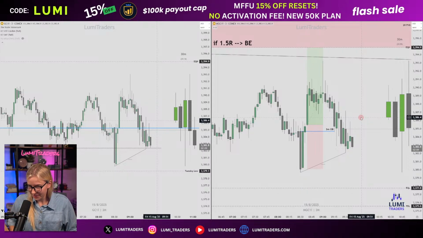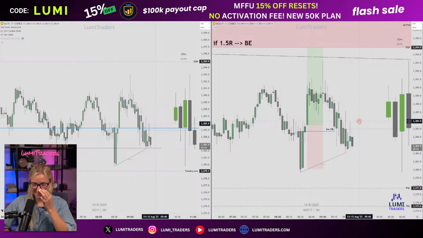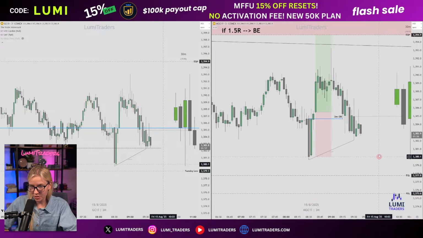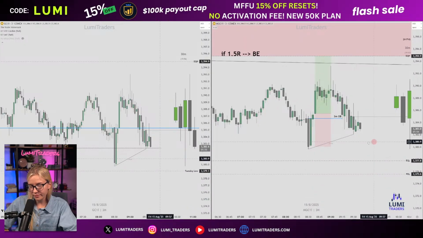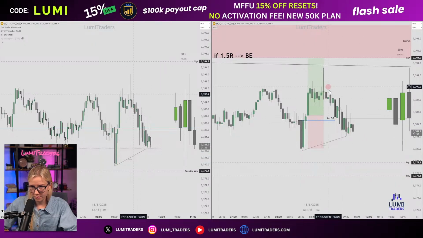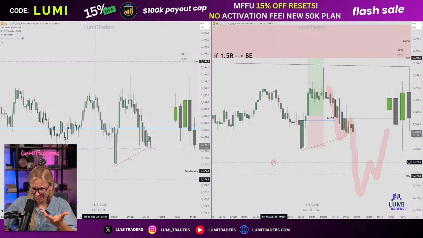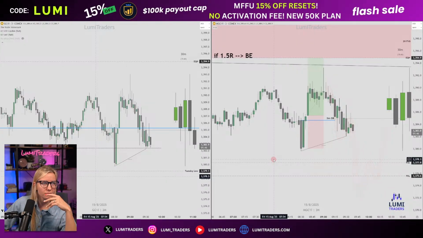I will look at it for the entry. So once again, we have equal lows and the previous daily level lower. Maybe it's going to be a sharp move down. Maybe. I know. Let's see.